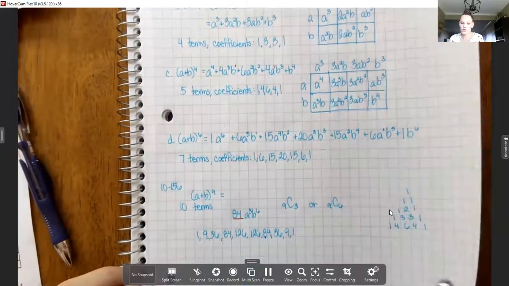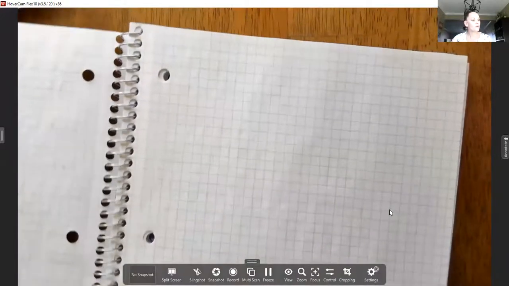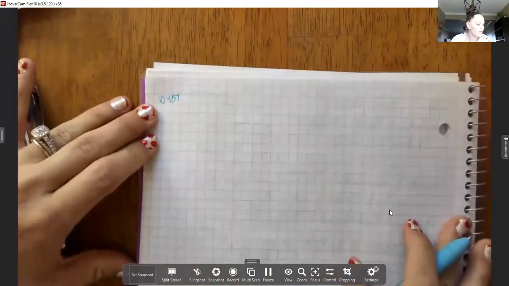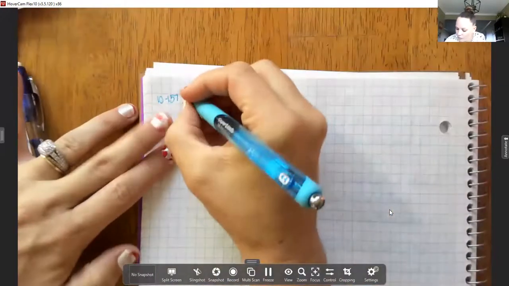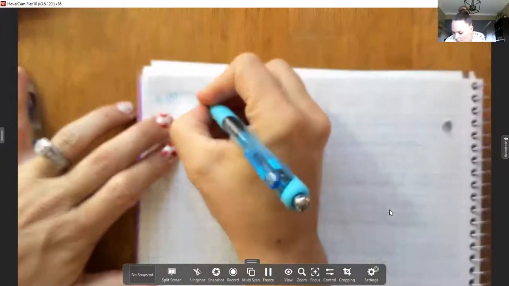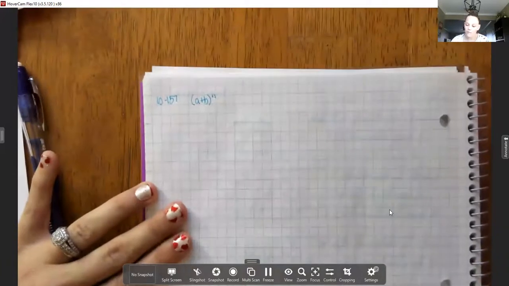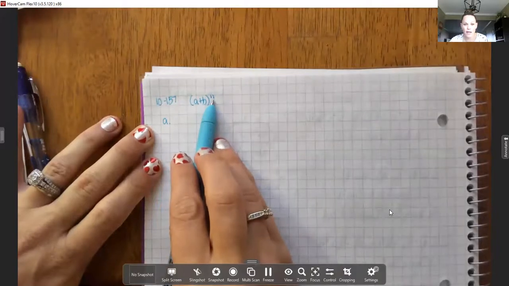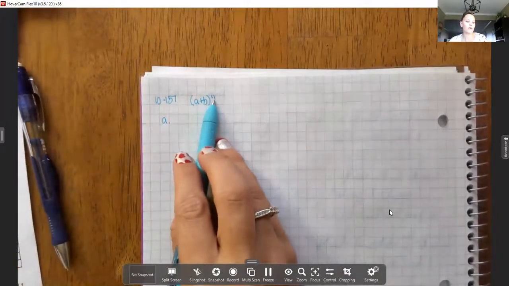Okay, so on 10-157, we're going to look at (a plus b) to the 11th. And it asks, how many terms are there? So if this is to the 11th power, how many terms are there going to be?